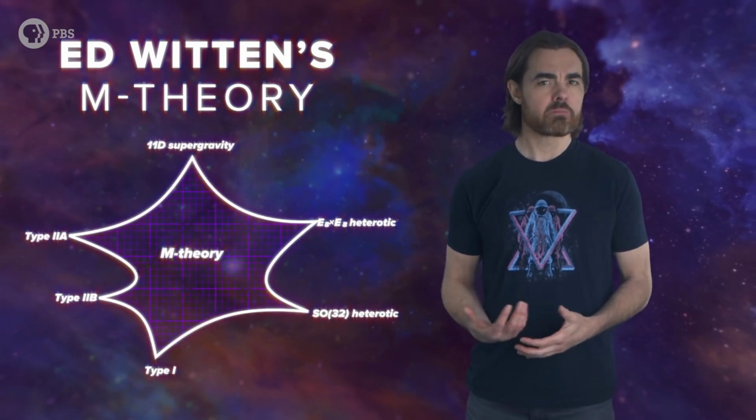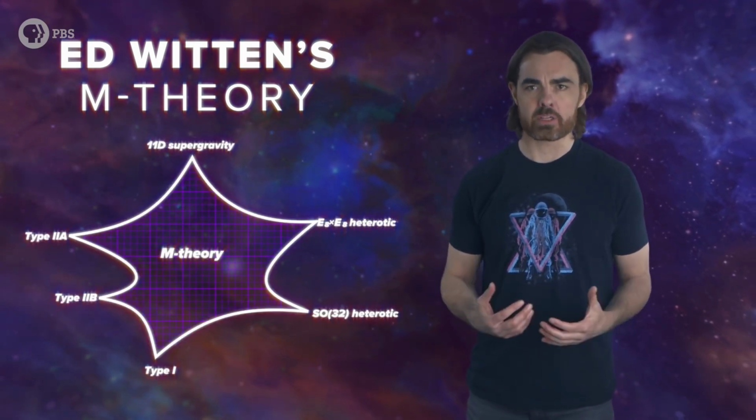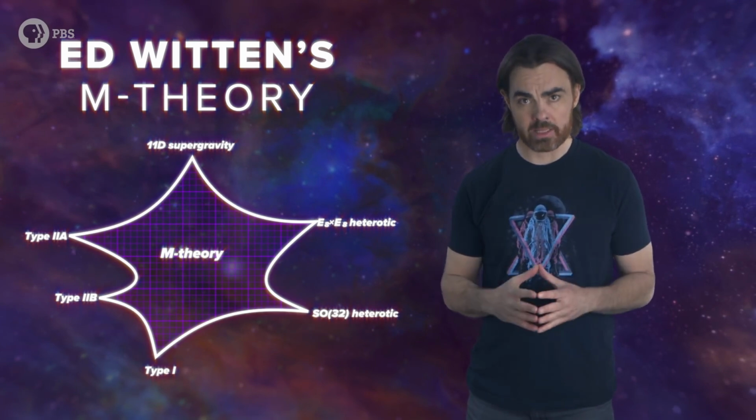Fast forward a couple of decades to the 90s, we now have several versions of string theory that try to explain how vibrating strings can lead to the familiar particles of the universe. These were tentatively united by Ed Witten's M theory, which showed that different types of string and string theories were all related by dualities.